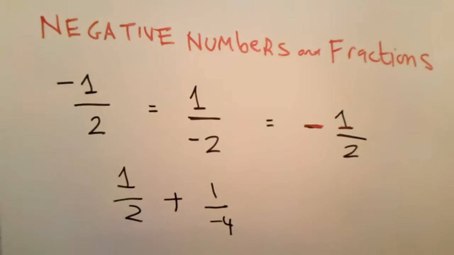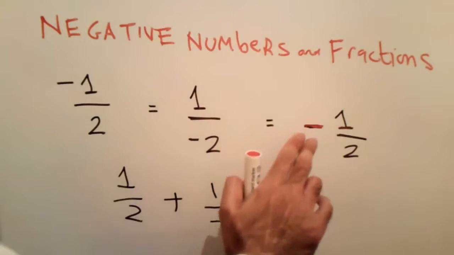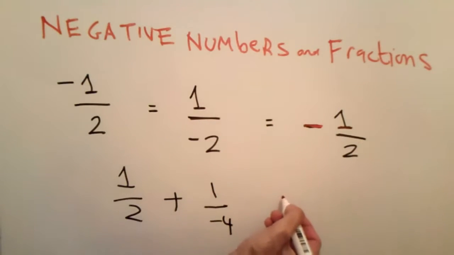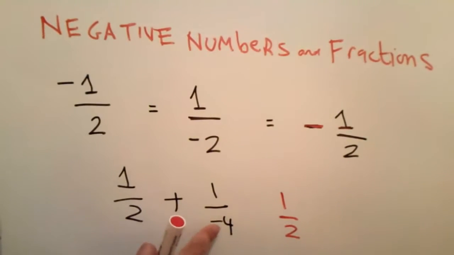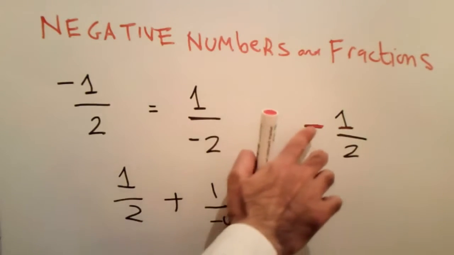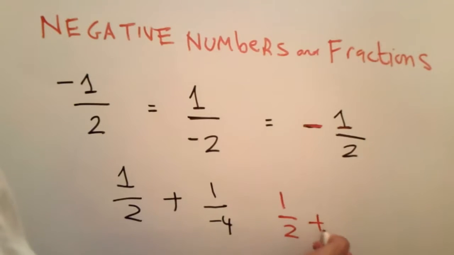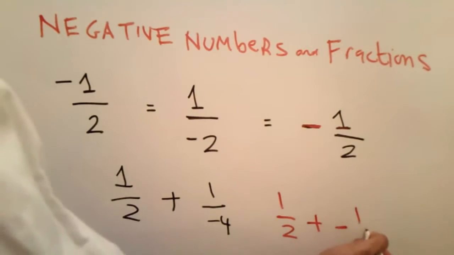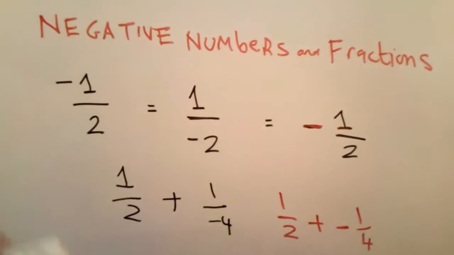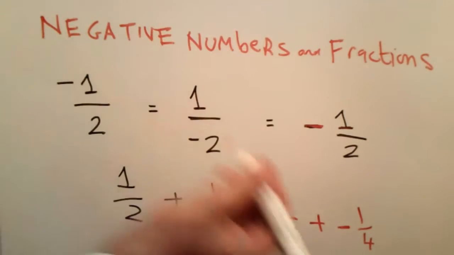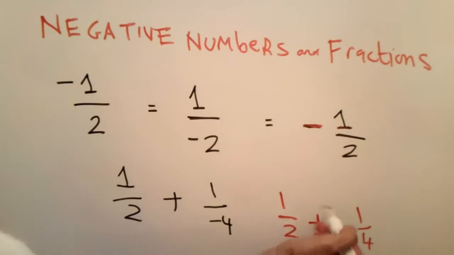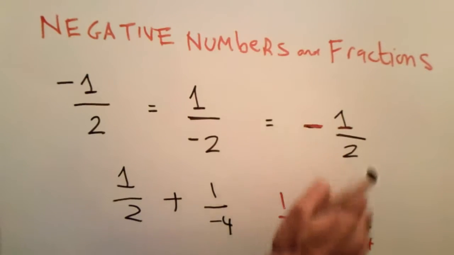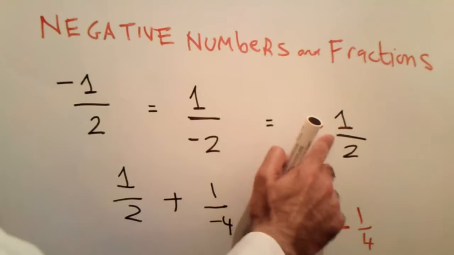How would we rewrite this using this example? It's equal to a half, or 1/2, and remember that's a negative there, so add negative 1/4. It's just like using our integers, but now that's the sign of the fraction, so we write it in the middle of the fraction.